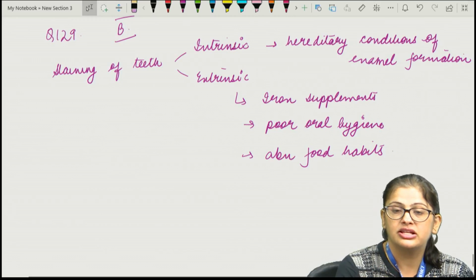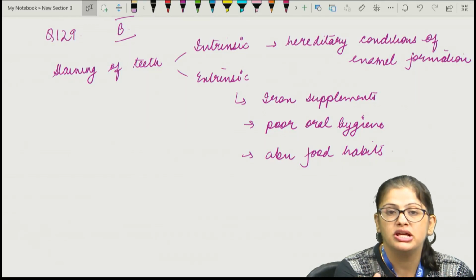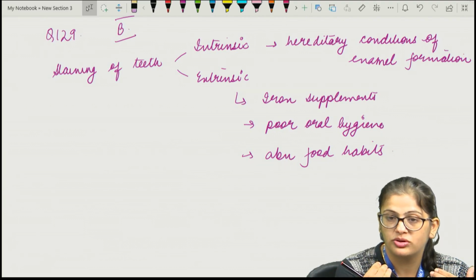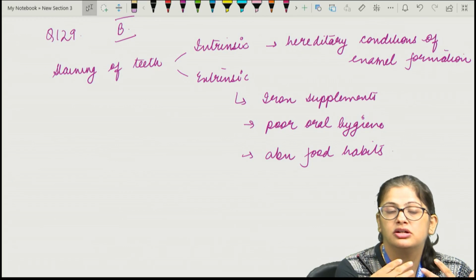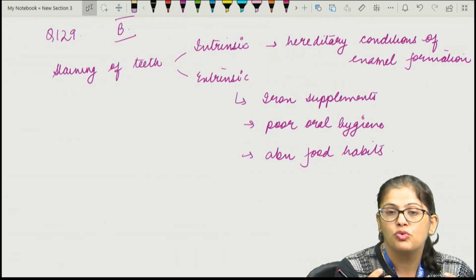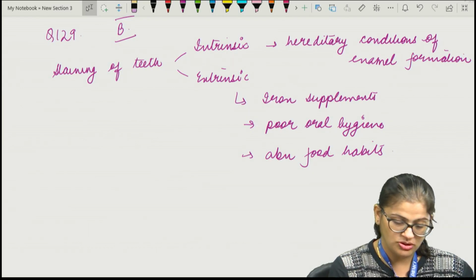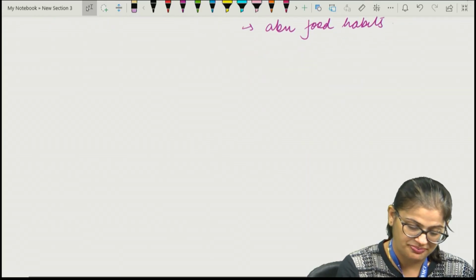Now, it is because of this black staining that results due to iron supplements. It is usually advised to the parents that when they administer iron syrup, they should administer it a little behind in the oral cavity, and once the child takes it, they should give some water so that the syrup is cleared from the oral cavity and it does not cause any more staining. So that is about staining due to iron supplements.